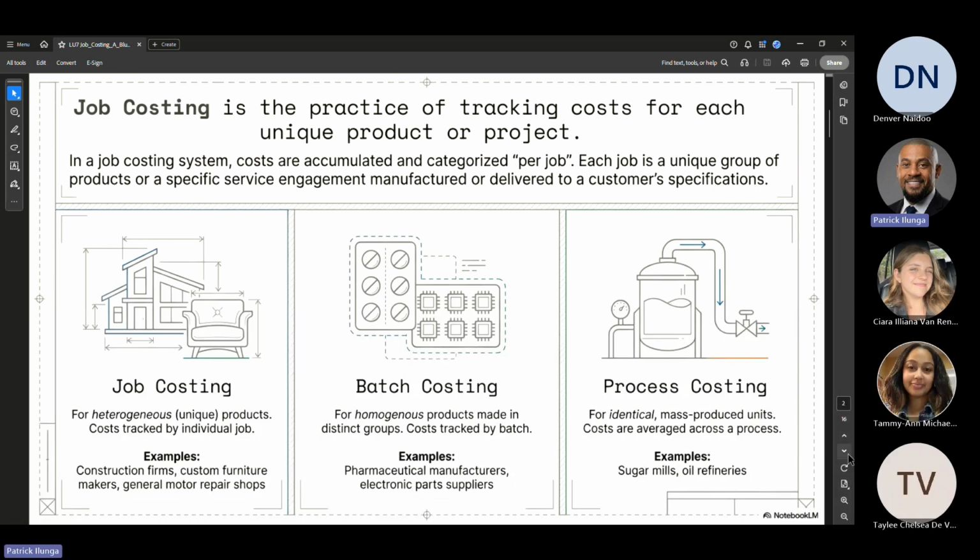All right, so we are looking at heterogeneous products when we talk about job costing, and an example is very important here, because whether you are running your own business, especially the entrepreneurs that we have here, or hospitality, I mean, this is the most suited module for hospitality students because you deal on a daily basis with projects.